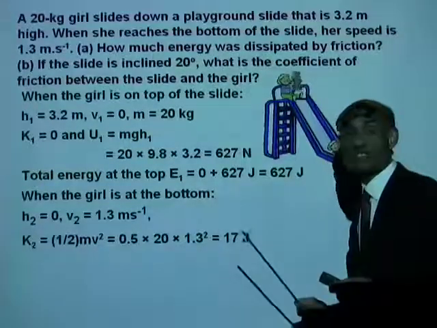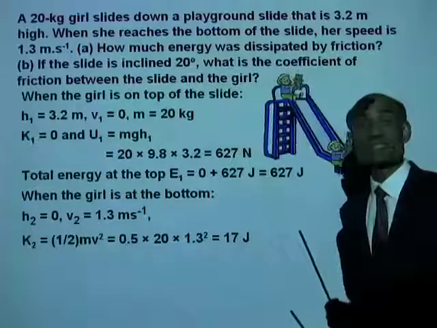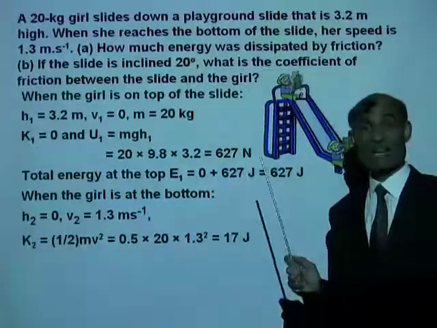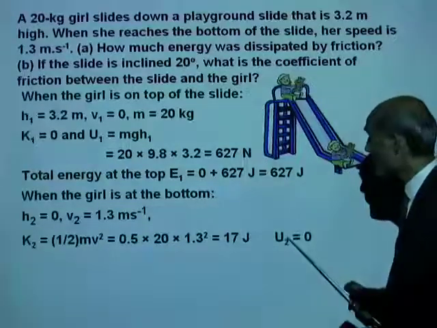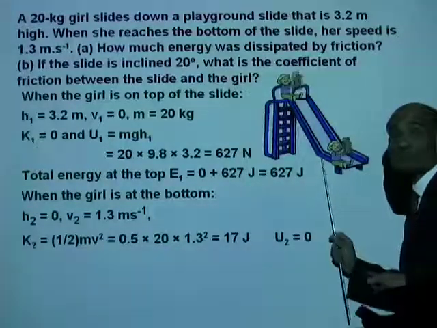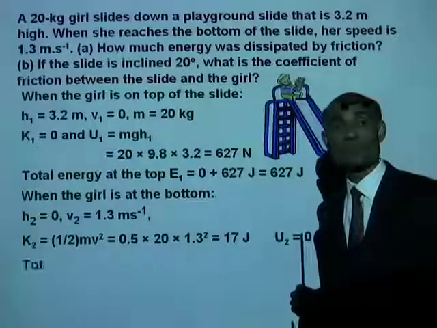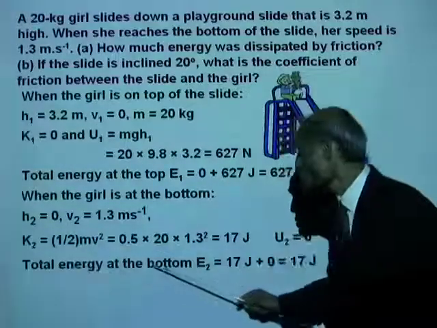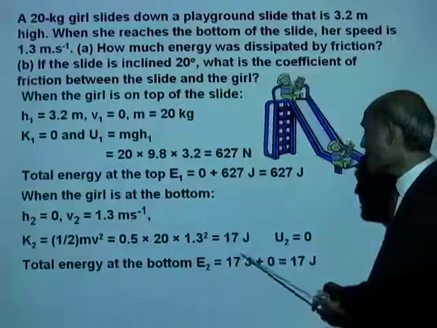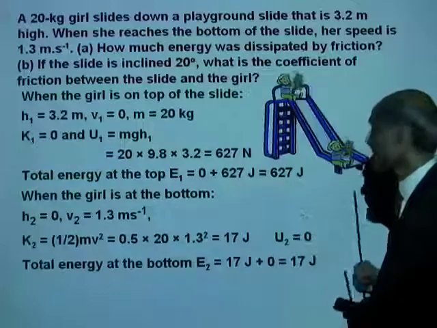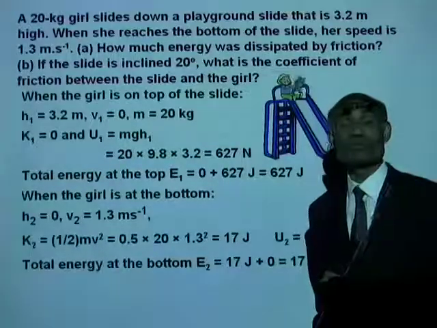So she has a kinetic energy of 17 joules at the bottom of the slide. What is her potential energy? Because the height is reduced to 0, the potential energy is 0. The total energy at the bottom is kinetic energy plus potential energy equal to 17 joules.